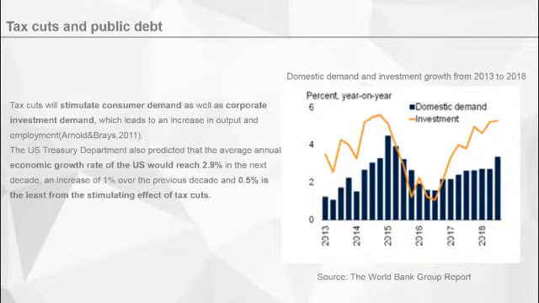We can see from this chart from the World Bank Group report that because of the tax cut, the domestic demand and the investment in the U.S. show an upward trend. The U.S. government minister also predicted that the economic growth rate of the U.S. will reach 2.9% in the next 10 years, and among this 0.5% comes from the stimulating effect of the tax cuts.